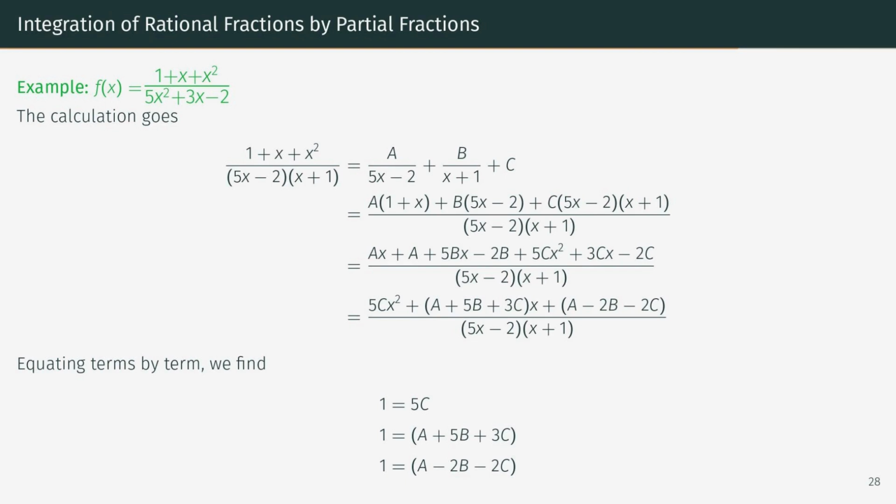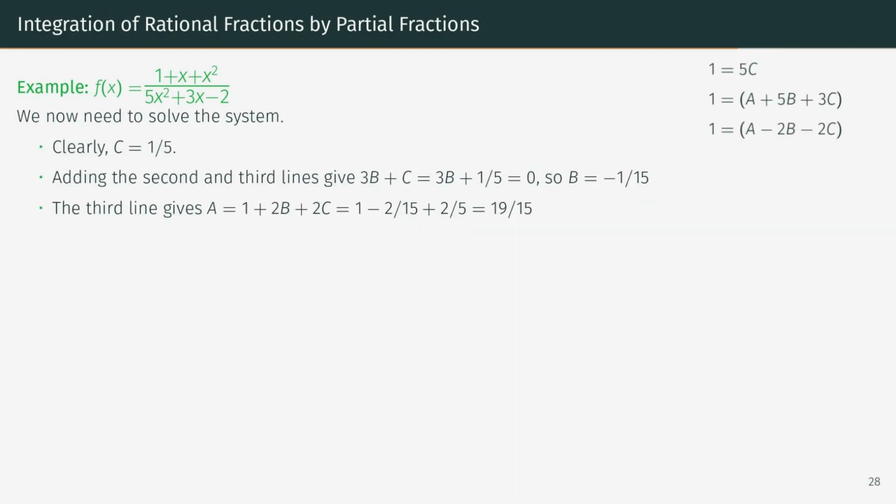We can then equate the terms, and we can see that 1 equals 5c, 1 equals a plus 5b plus 3c, and 1 equals a minus 2b minus 2c. We now need to solve this system of equations. We can see straight away that c is going to be equal to 1 over 5.